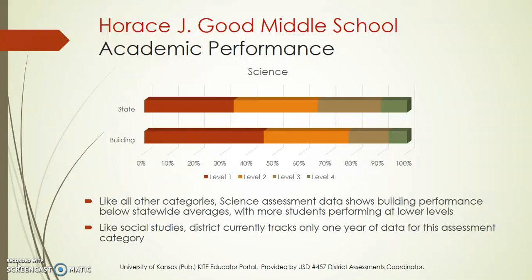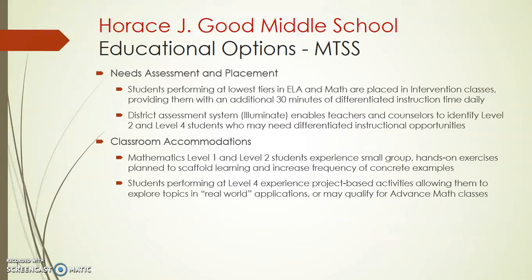And we try and make as many accommodations to the curriculum and to our instructional methods as possible to account for the disparity, the cultural diversity, the disparity in performance, and still meet the needs of the students who are performing at level 3 and level 4.